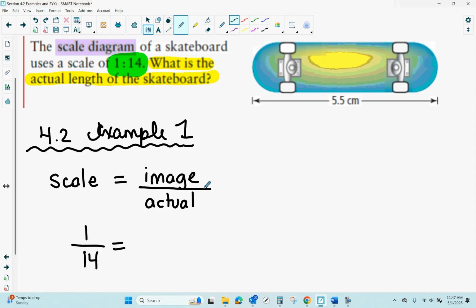And then did they tell me the image measurement? They did, 5.5 centimeters. You can put centimeters if you want. I don't want to confuse people too much, so I'm going to leave it off. And then actual, what is the actual length of the skateboard? We don't know, so that is your variable.